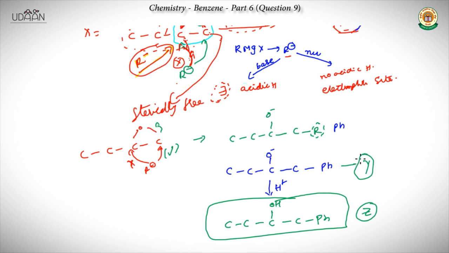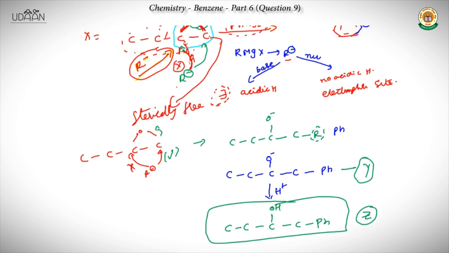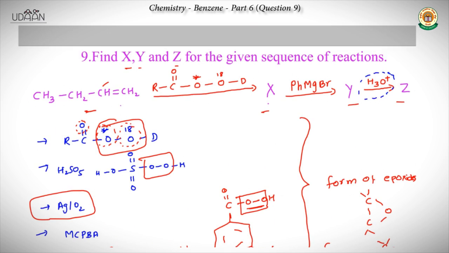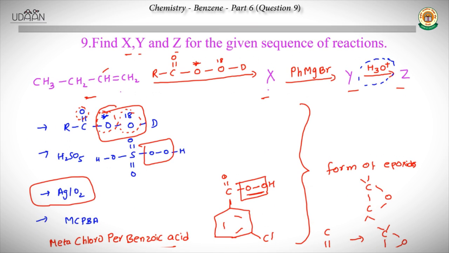Also, the interesting thing is that it's a previous IIT question, and see how logically it was framed. It was meant for you to know the mechanism of how this peroxide, which is RC double bond O, O-H, attacks on this C double bond C to give an epoxide. It contains a peroxide bond and it's a peracid.